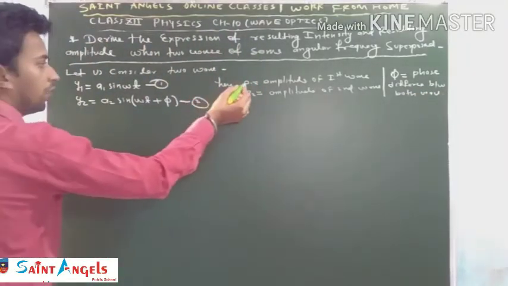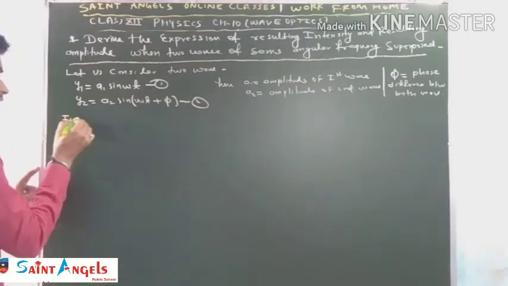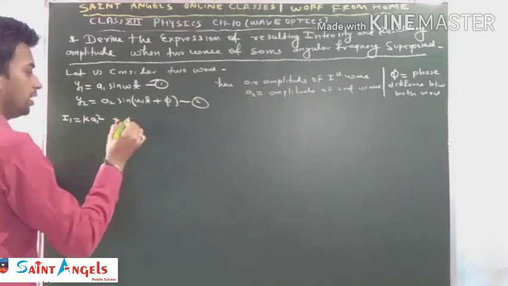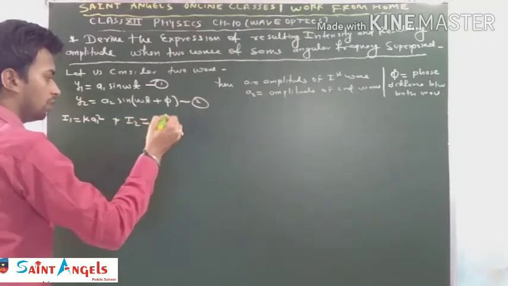Student, a1 is the amplitude of the first wave, so the intensity of the first wave is equal to k a1 square and the intensity of the second wave is k a2 square.